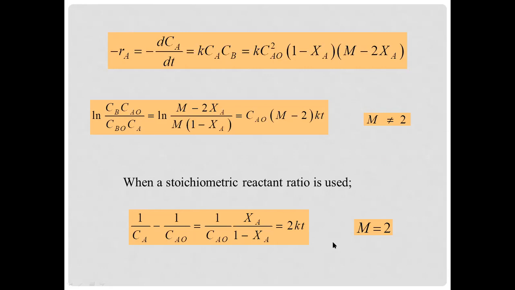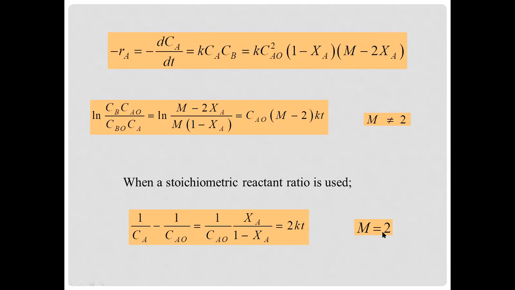Okay? In this case, class, in this formula, your m must not be equal to 2 because your right side becomes 0. When your m is equal to 2, this will be the simplified formula coming from the process integral already.